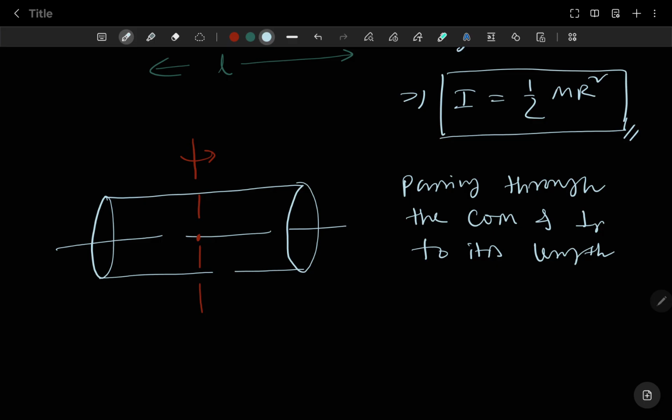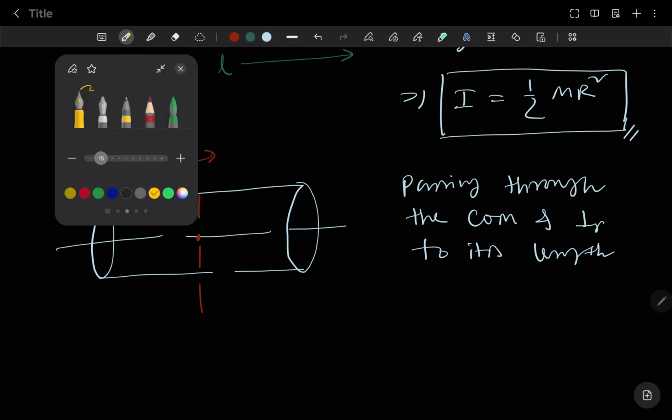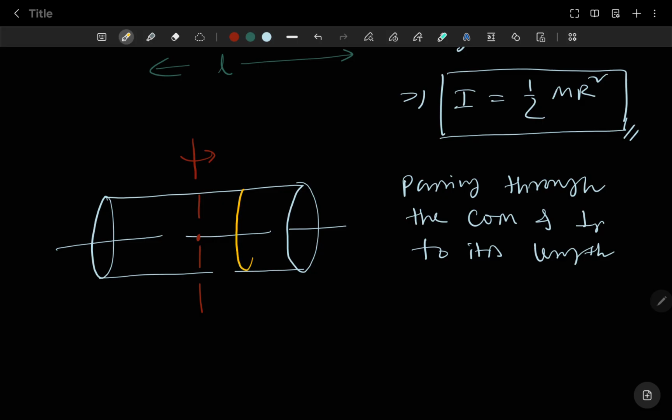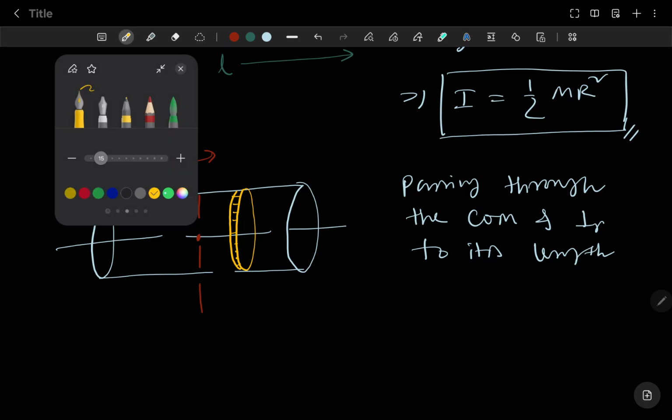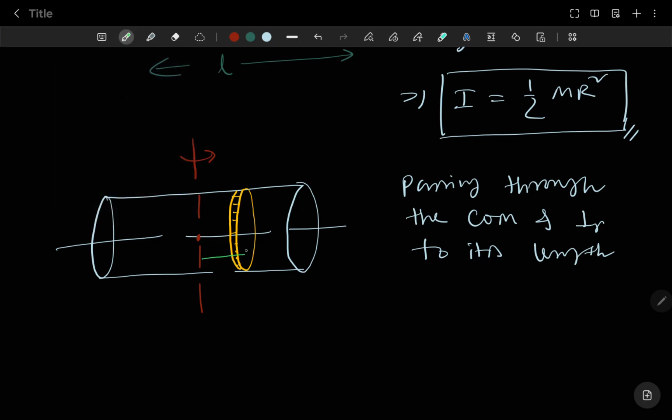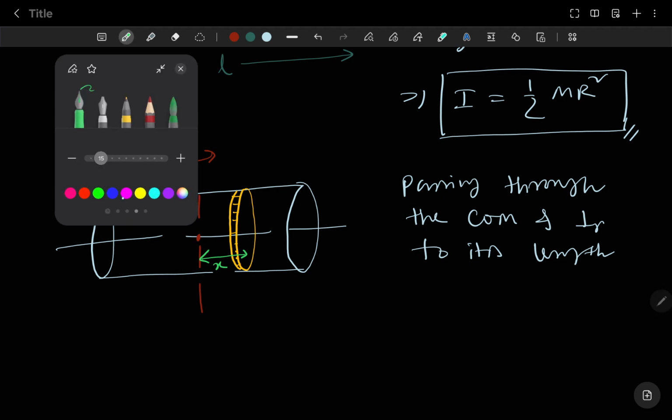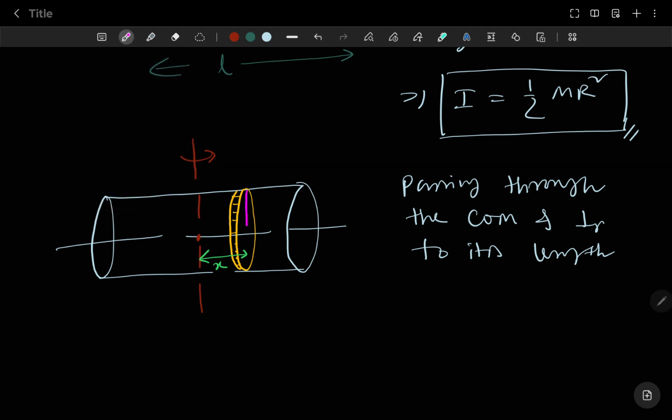Again we have to consider a disc, a slice, an elemental disc on the cylinder, at a distance x. Now if we take this to be the diameter of the disc, about this diametrical axis, what is the moment of inertia of the disc?